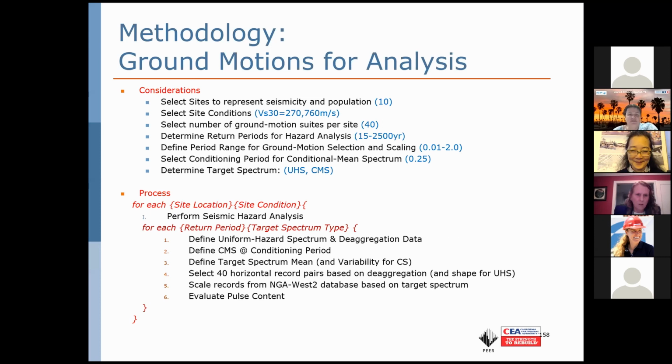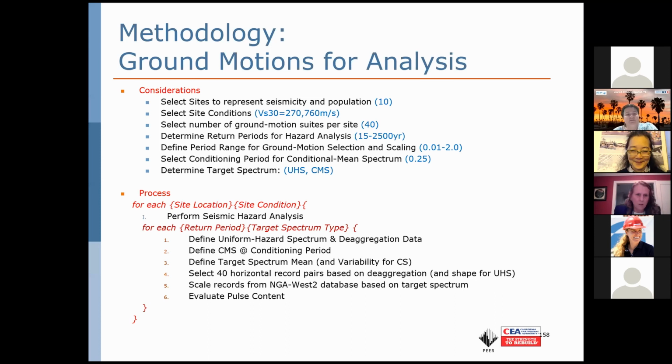For each one of these cases, we selected 40 horizontal ground motion record pairs. And these selections were based on the deaggregation. We couldn't really be too specific looking at an individual site, so we used relatively broad scenarios or magnitude distance ranges for a ground motion so that we could cover an area of more of a city versus a single building location.